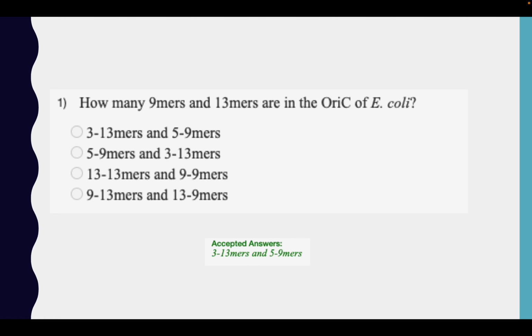So you just have to remember that 3 13-mers and 5 9-mers are involved. And 5 9-mers will be R1, R2, R3, R4 and R5, and these 3 13-mers will be included in the AT rich DNA unwinding element, which is also known as DUE.